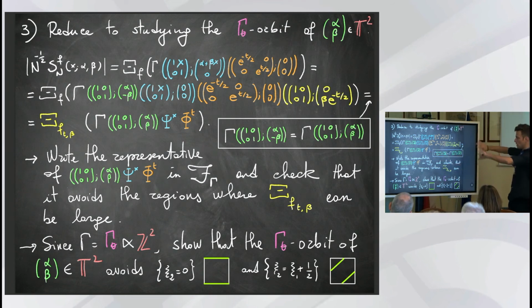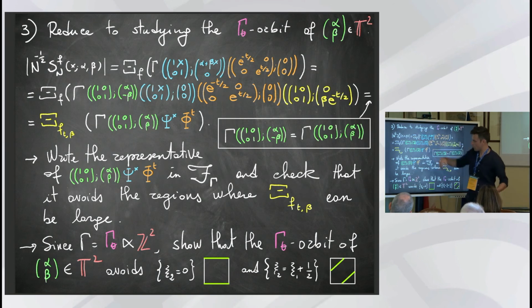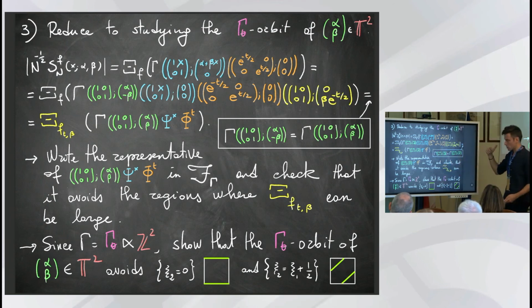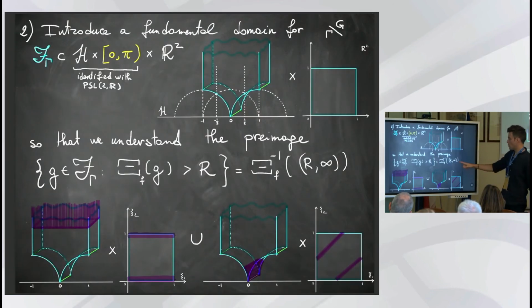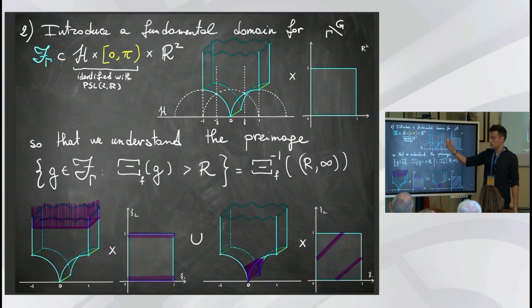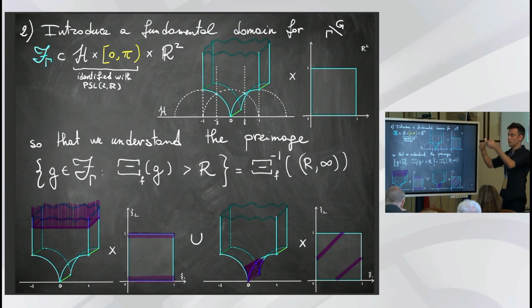So these arrows here are not part of step 3. These are like the new to-do list. The new to-do list is: remember in the previous picture, I knew when this thing is large, but only when it's in this fundamental domain. So usually this G will be anywhere, like close down here. So I need to first bring things back to my fundamental domain.